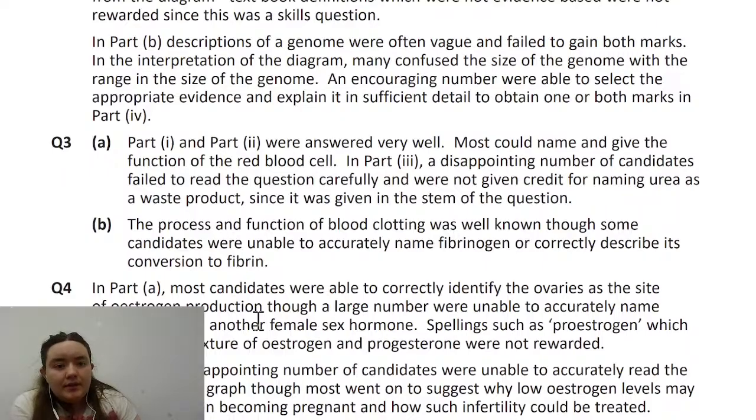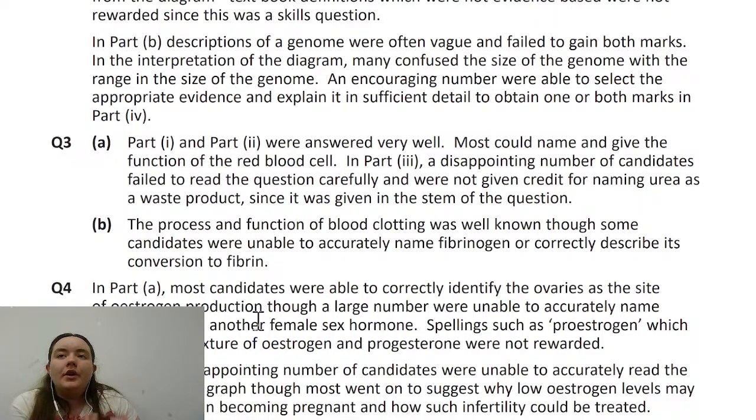So the process and function of blood clotting was well known, though some candidates were unable to accurately name fibrinogen and correctly describe its conversion to fibrin. Yeah, they're two very similar sounding words. It's very easy to get them mixed up between each other. I will say that if you see gen, it usually means become.